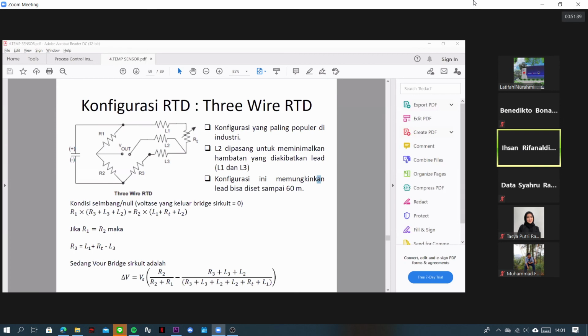Ini, Bu, kalau misalnya saya gambar begini, ini L, ini ke arah RT, ini ke arah L3, 2. Seingat saya dulu, ini bisa diganti jadi tegangan pengganti, hambatan pengganti, Bu.